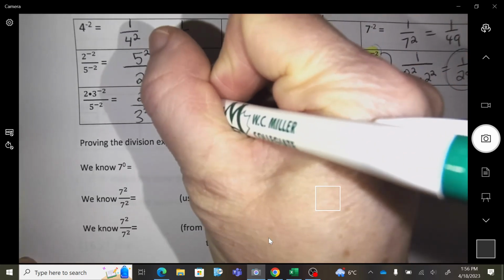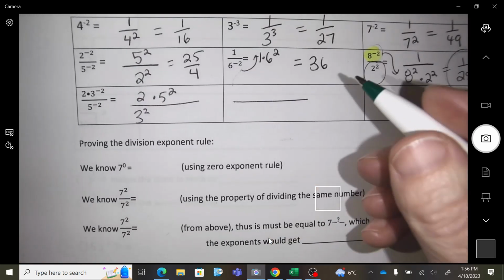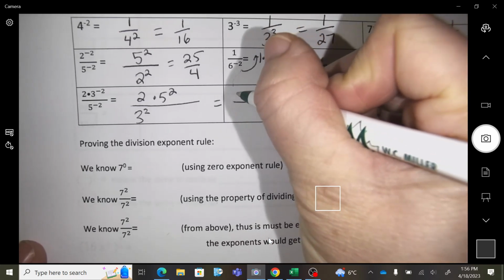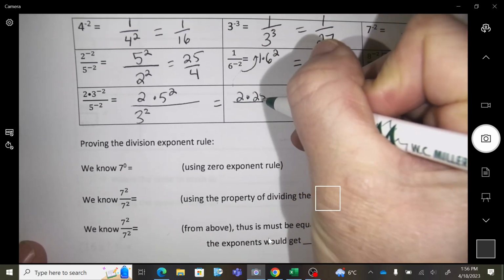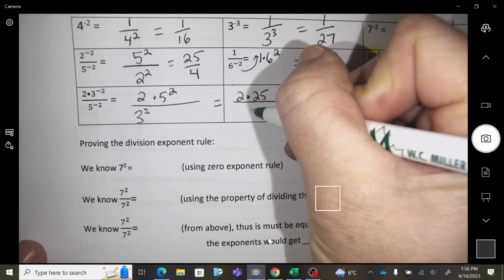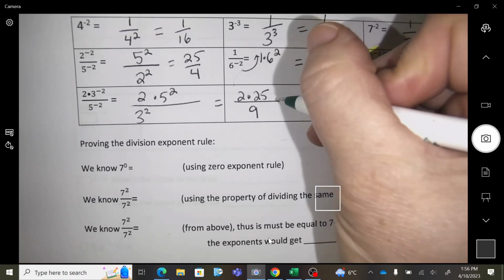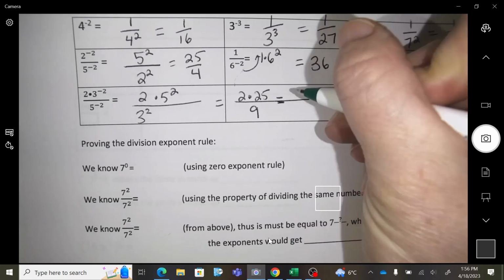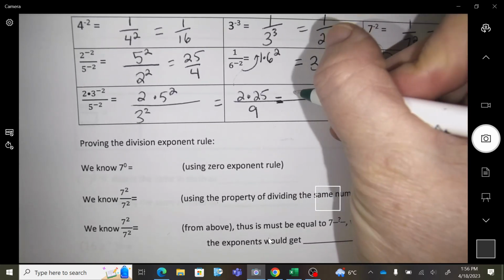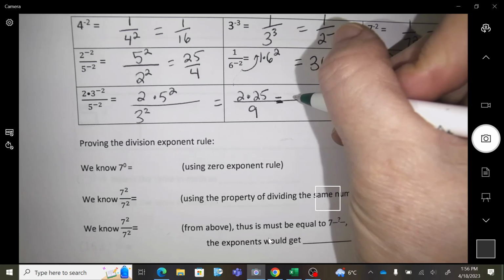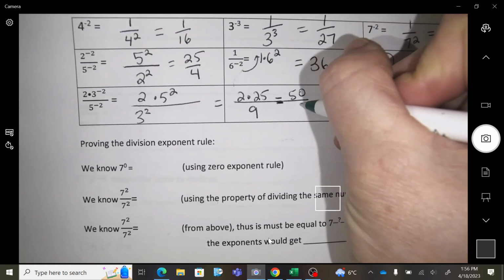Move it. So I get 2 times 25 divided by 9 equals, what's 2 times 25? All this without our calculator. 50 over 9.